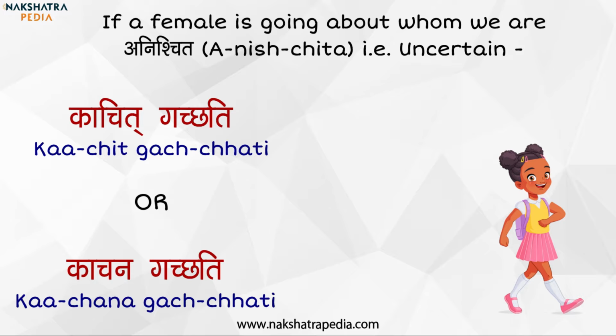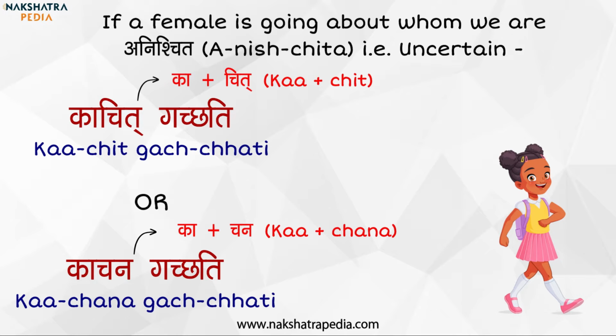So here Kachit is Ka and Chit, and Kachana is Ka and Chana joined. We use Ka here for feminine. These were the examples of masculine and feminine genders.